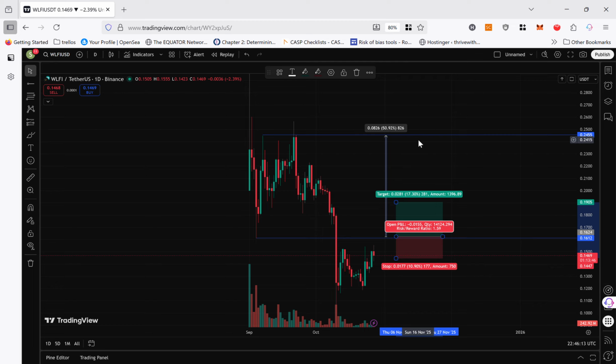I'll try to show you in another video. But the concept is, you can take profit 3 times in the Binance sell setup, right?